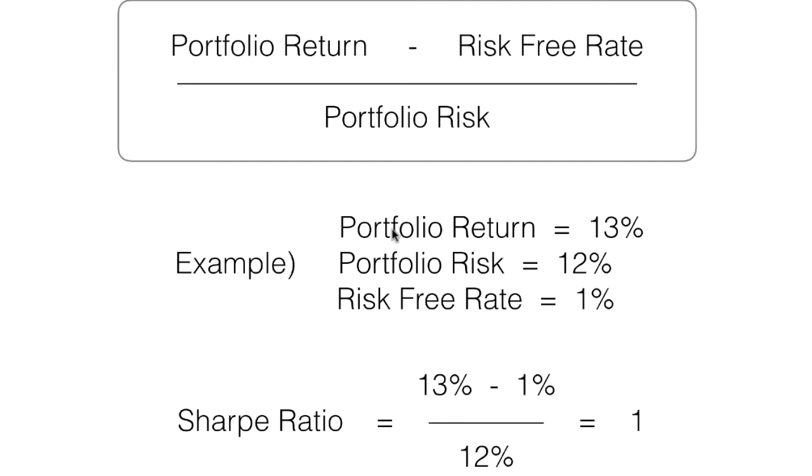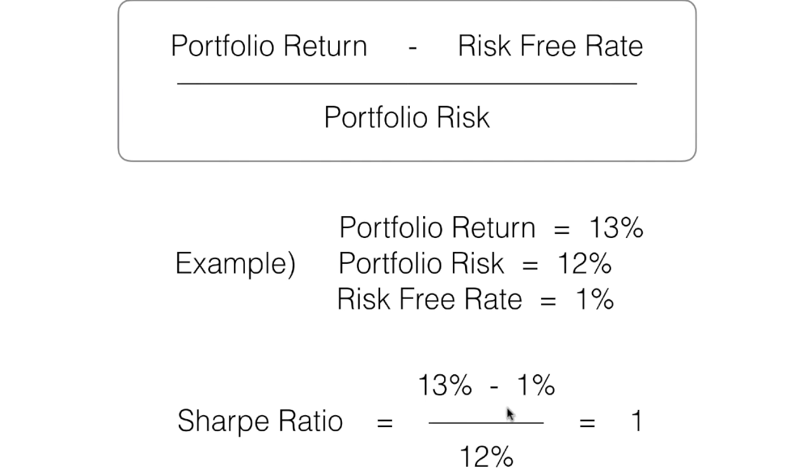So here's an example of a portfolio that returned 13%. It had a standard deviation of 12 and that risk-free rate of 1. We would just do 13 minus 1 divided by 12, and we get a Sharpe ratio of 1. Now a Sharpe ratio above 0 just represents that the portfolio itself is a better investment than the risk-free rate.